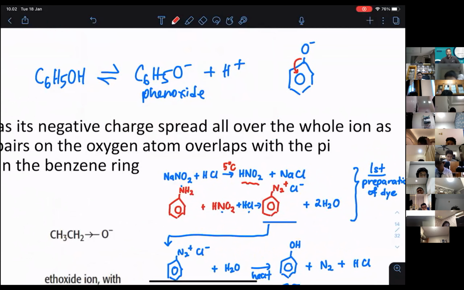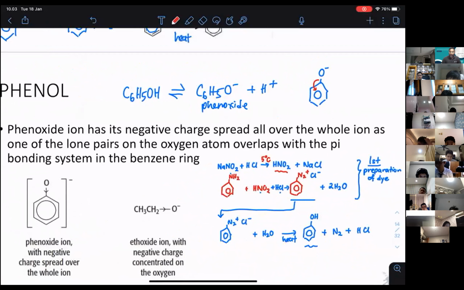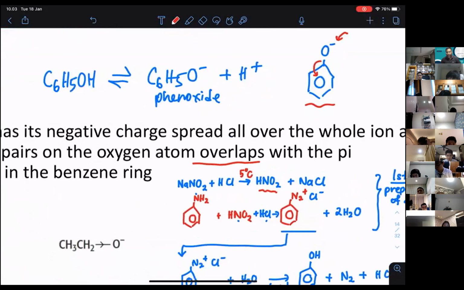This will spread the negative charge all over the phenoxide ion, because it overlaps with the pi bonding system and is equally shared.